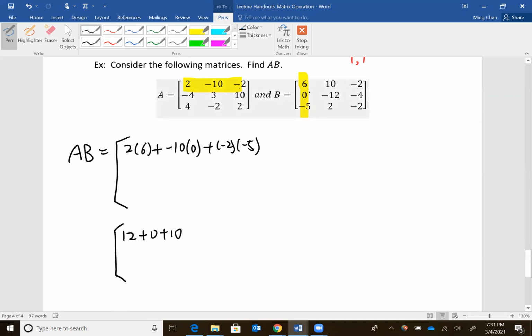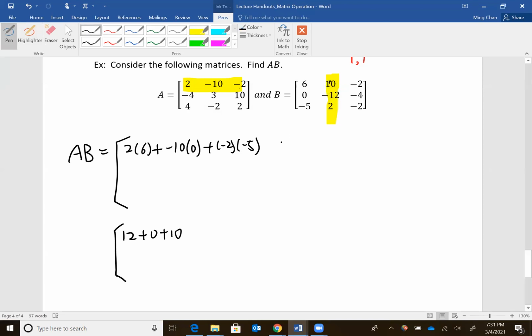I'm gonna go on to the next one. On the homework, I need you to write them out. Most students write it out like these, and that would be awesome. So here I'm just gonna do it slowly. Row 1 times column 2.